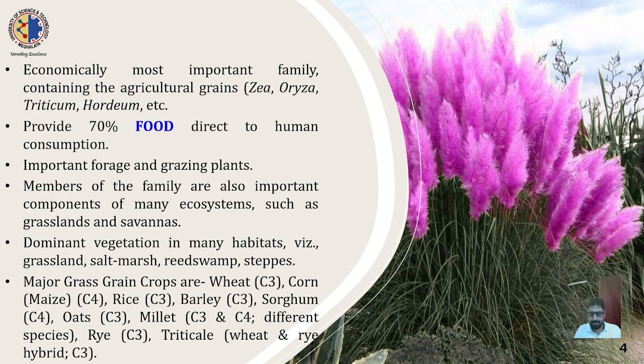This is the adaptation which allows them to be more efficient in carbon dioxide uptake, making them well suited to high temperature environments. C4 plants include some millets and sorghum.